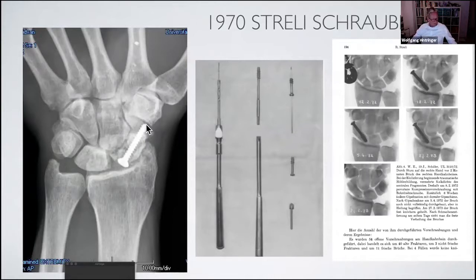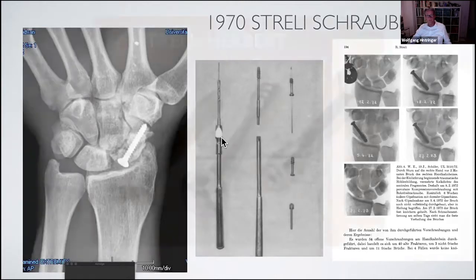And you can see here the screw has a head and a thread, but it worked in some cases very fine. I was in Linz in 1975 with Straley, and I saw how he put in his screws, and in a lot of cases it worked fine.